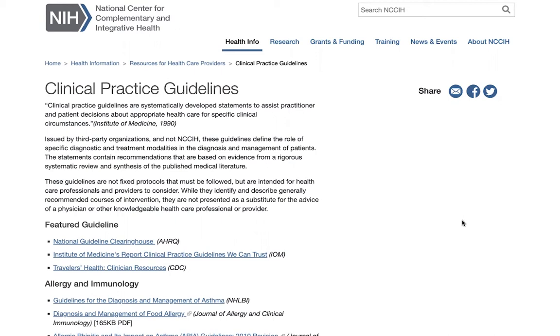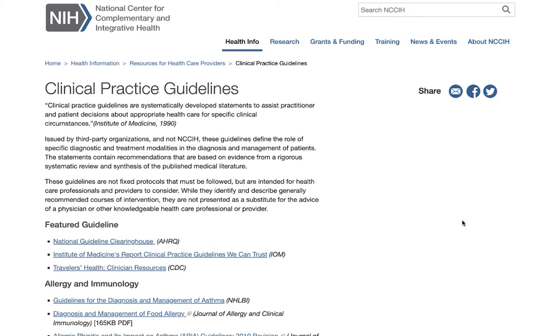Clinical practice guidelines are systematically developed statements to assist practitioners and patient decisions about appropriate health care for specific clinical circumstances. So these are statements that will assist someone about making the right decision. So what really is the true difference between a guideline and a clinical pathway?